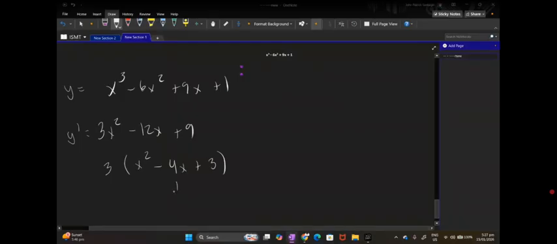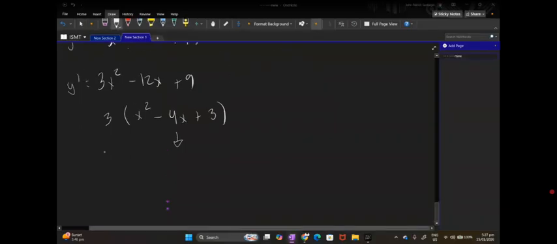Then, eto, pwede pa natin siyang i-factor out. It's gonna be 3 times (x minus 1) and (x minus 3) para maging positive. Now, let's equate it to 0. So, 3 is equal to 0. Hindi siya pwede. So, ang roots lang natin is 1 and 3. Diba? 1 and 3. So, this is our critical number.